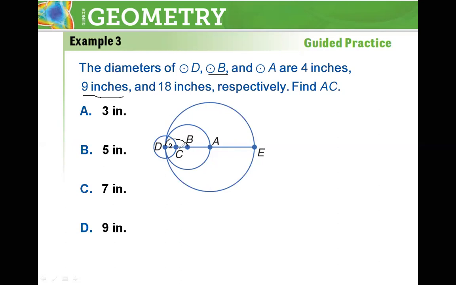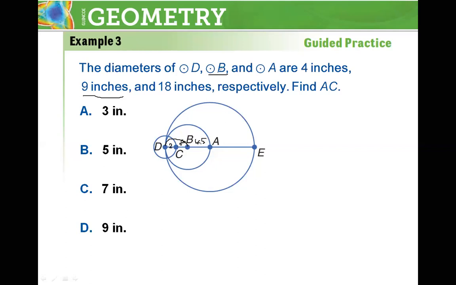It's 2.5. Excellent. So this part is 2.5, and this part is 4.5 because it's the other part of the radius.